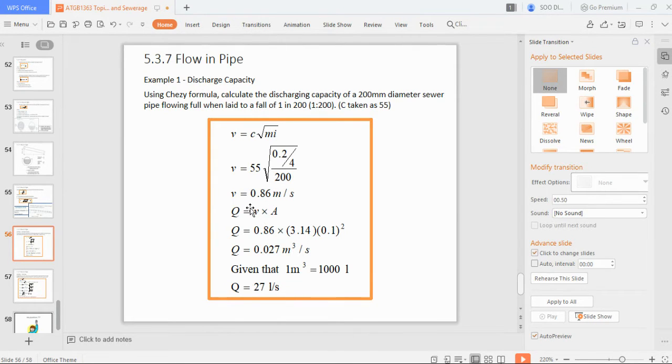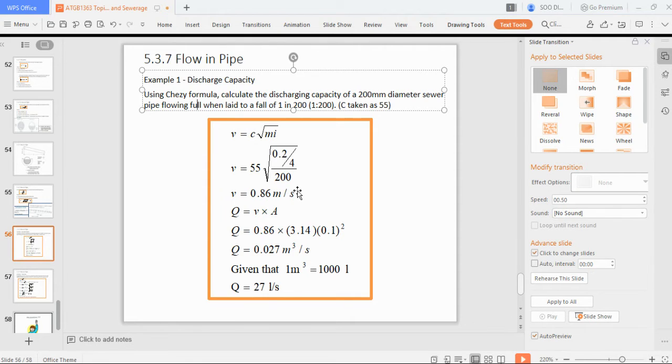Then you need to use the discharge formula to find the Q. Now that you have obtained your V, next you want to find Q using Q equals VA. You know what A is. In this question, you're given a pipe flowing full, which means it's a full bore.